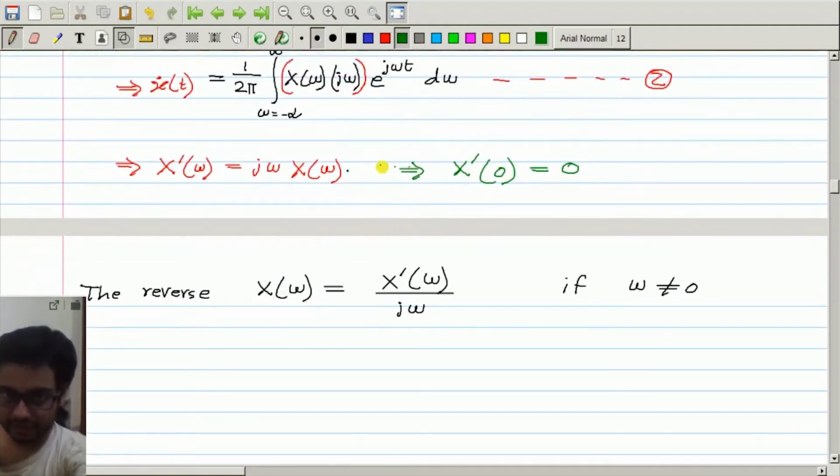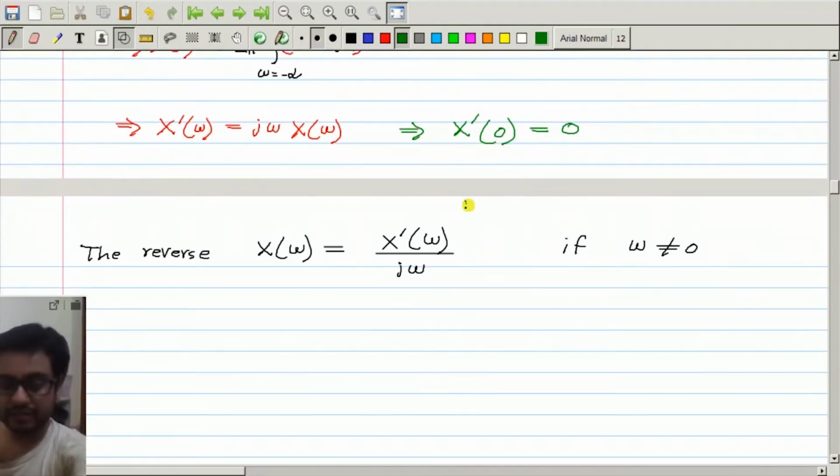Okay, the Fourier transform of the derivative will be such that its value is equal to 0 at omega equal to 0. And then you cannot get the value of capital X of 0 by this rule because 0 by 0 is undefined.